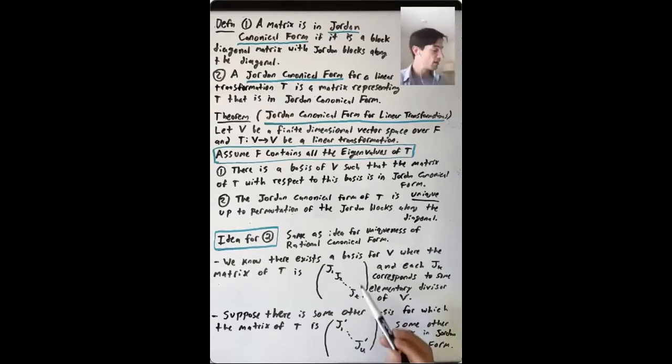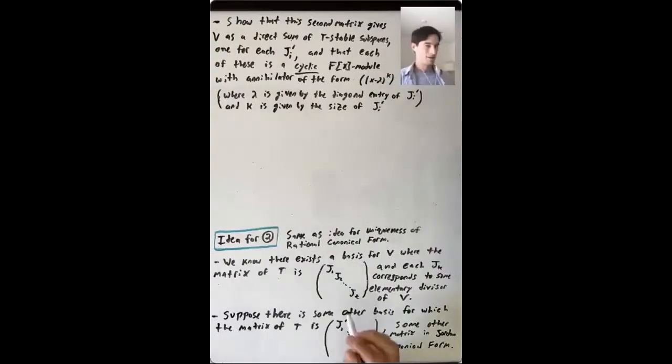Okay, so I'll pause and erase, and I'll write just a little bit more about the uniqueness argument here. So we have these two different bases of V, where the matrix of T with respect to the first basis is this one, the matrix of T with respect to the second basis is this one. So we're going to zoom in on this one.